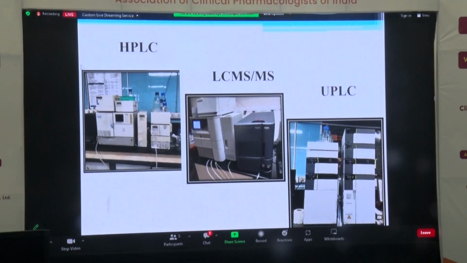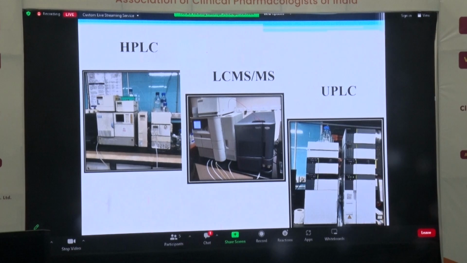In our lab, we have HPLC, LCMS, as well as UPLC. Initially, maybe around 10 years before, we were using HPLC for measuring all the anti-epileptic drugs. Right now, we are using LCMS for measuring valproate and immunosuppressants, and UPLC for measuring phenytoin, phenobarbital, and carbamazepine.